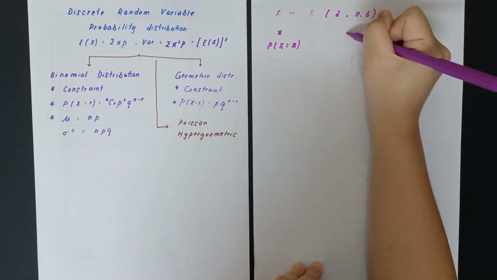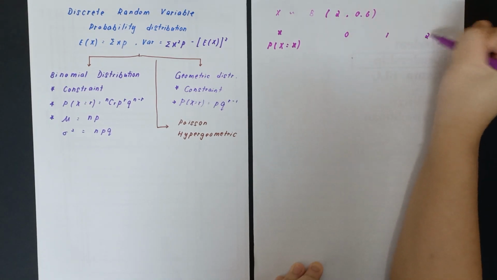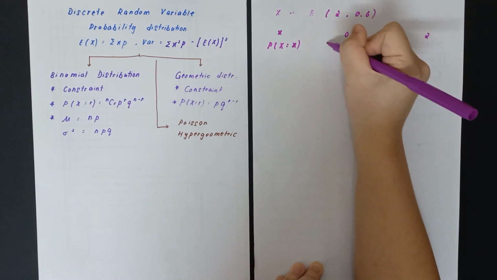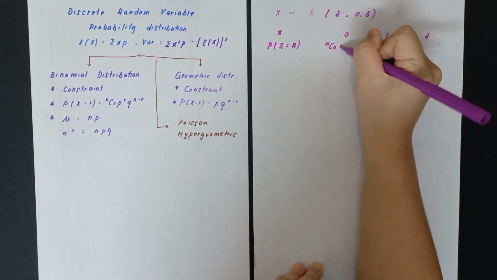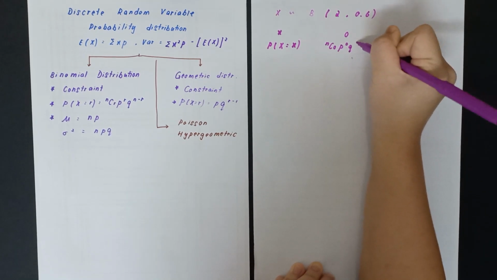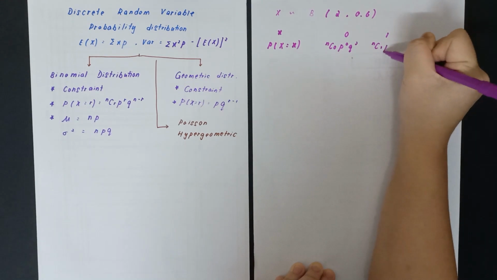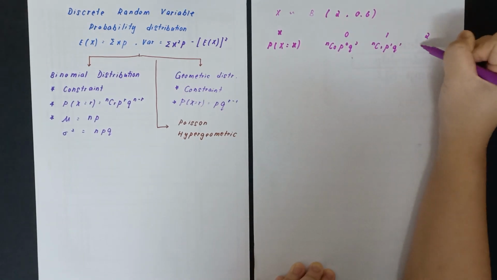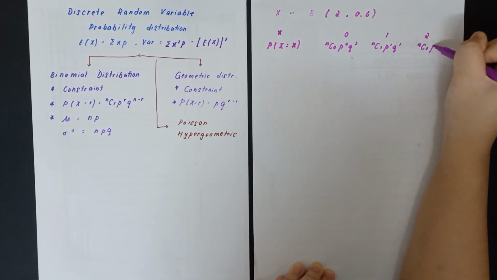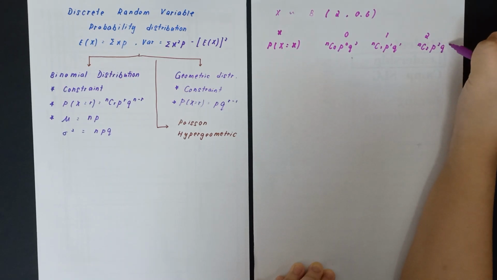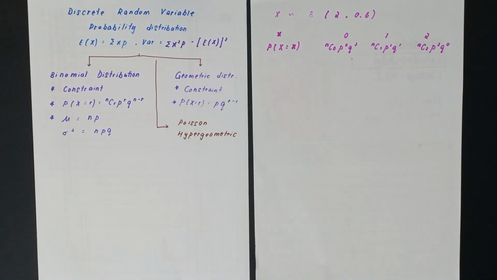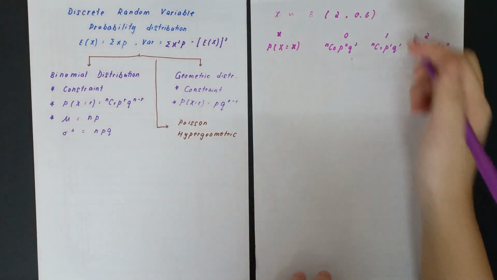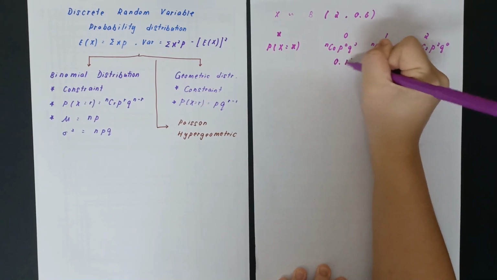My possible outcomes are only 0, 1, 2. So this will be 2C0 p^0 q^2, 2C1 p^1 q^1, 2C2 p^2 q^0. I'm just going to calculate it very quickly. You can use your calculator to get the answer, but I'm just going to write it down.